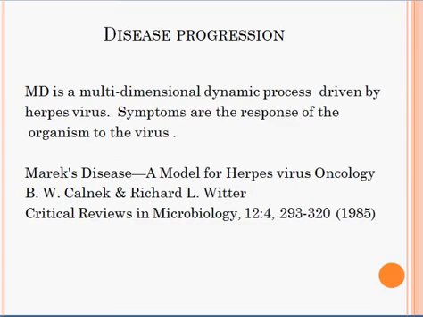Marek disease is a multi-dimensional dynamic process driven by herpes virus. Symptoms are the response of the organism to the virus. And here you have a description: Marek disease, a model for herpes virus oncology.